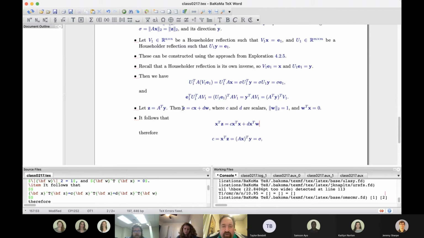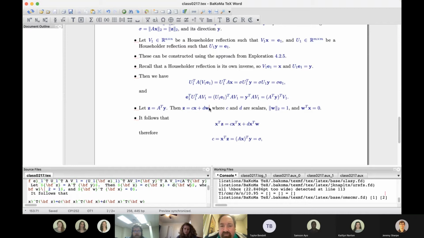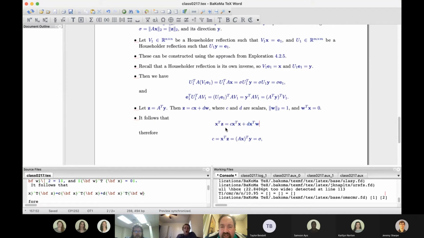So that's what I get from taking the inner product of both sides of this with X. Well, X transpose X is 1 because X is a unit vector. X transpose W is 0 because of this. So this term goes away, and C is the only thing that's left here. So C is X transpose Z.